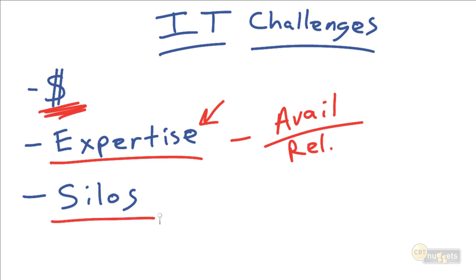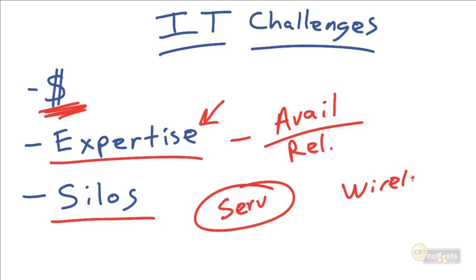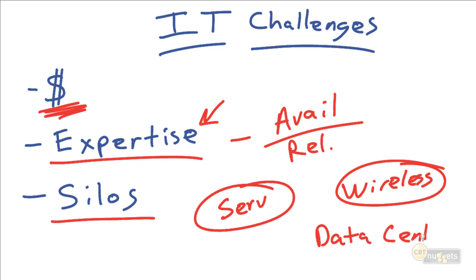How about silos? Well, what we mean by this buzz term is the information technology department can really start to segregate itself much too dramatically. You've got server people, and the server people say, we're the server people, and we don't want to talk to the wireless people. The wireless people, all they do is give us problems. And the wireless people don't want to talk to those really strange guys and girls in the data center.